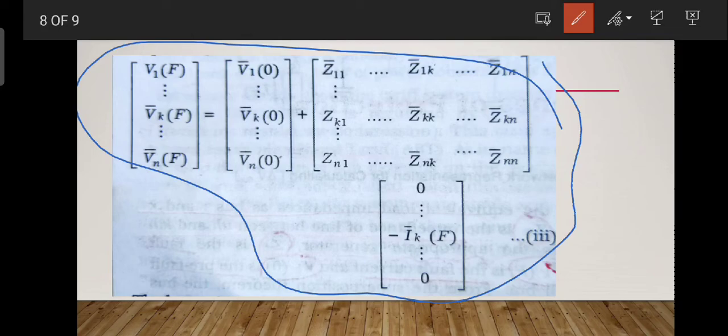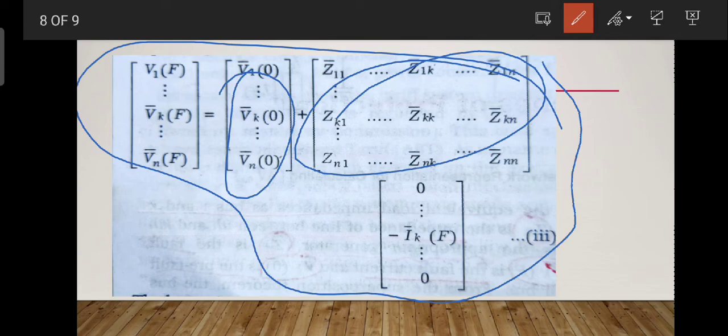So by putting equation number 2 in equation number 1, we get V1 fault, V2 fault, Vk fault, Vn fault equal to V1 0 pre-fault voltage, and this is our impedance matrix, and this is our current at the fault bus.